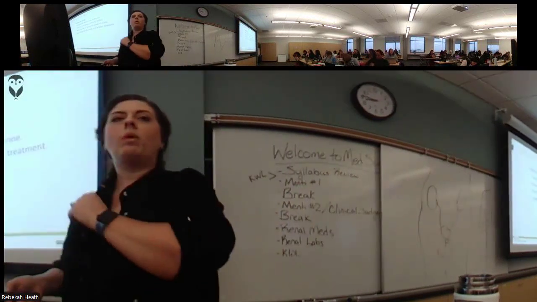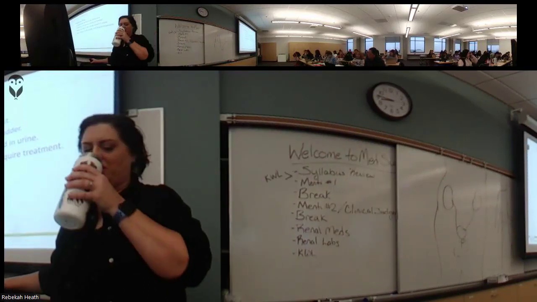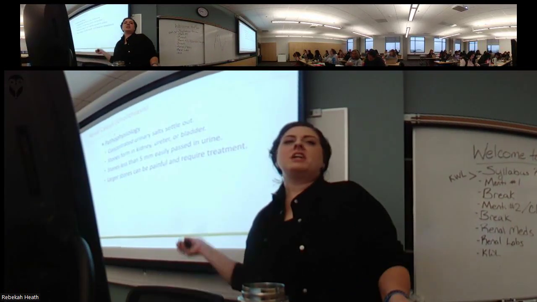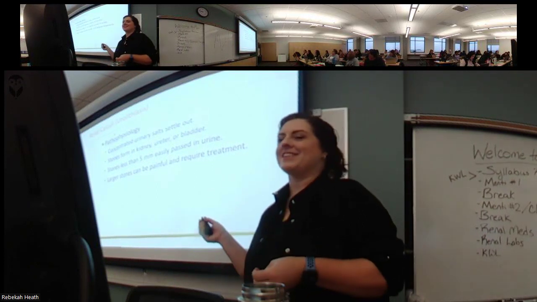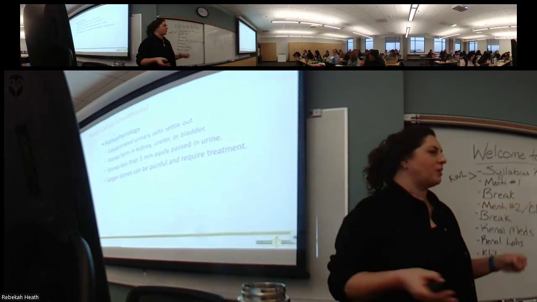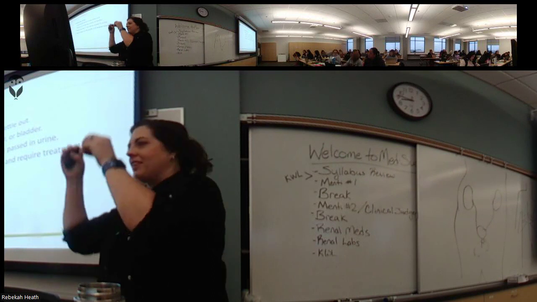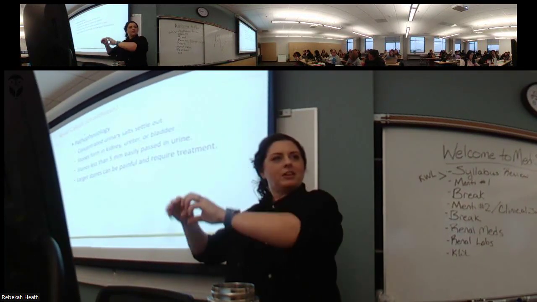So why does it happen? The pathophysiology. You guys are getting good at pathophysiology. They say urinary salts, and they don't mean just sodium chloride salt. When they say urinary salts, it's all the extra waste products that our kidneys are filtering. They settle out in the kidneys, kind of like if you shake a bottle of water with a bunch of stuff in it, it'll fall to the bottom.